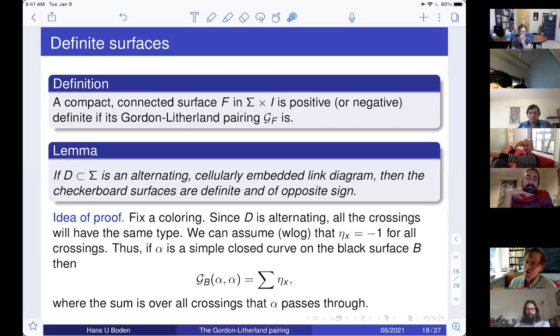And since all of those are -1, the self-pairing of alpha will be negative for every curve on the black surface. A corresponding result will be true for the white surface. In fact, if you switch the coloring, the types of the crossings change, so the incidence numbers change. And so if the black surface is negative definite, the white surface will be positive definite.